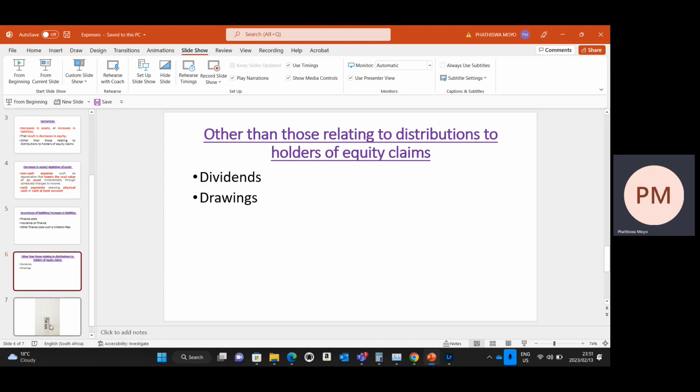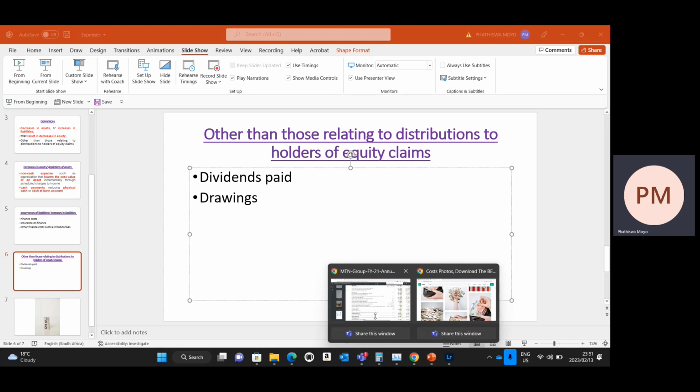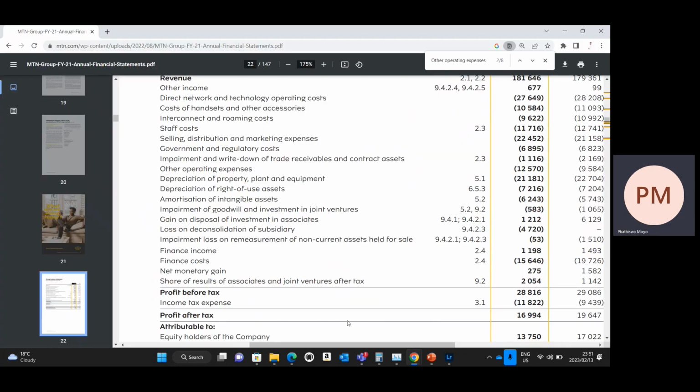And it says other than those relating to distributions. So that talks to dividends paid, in fact. Not just dividends only, dividends paid and drawings. Right? So, ladies and gentlemen, if we go back to MTN, you see it shows your revenue.